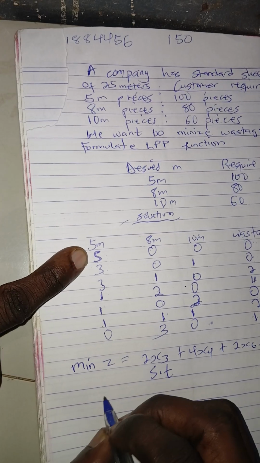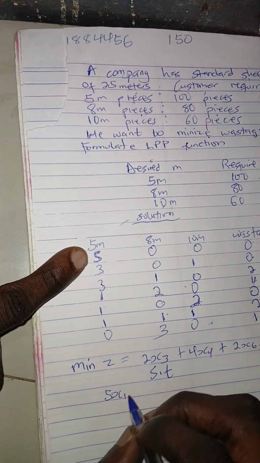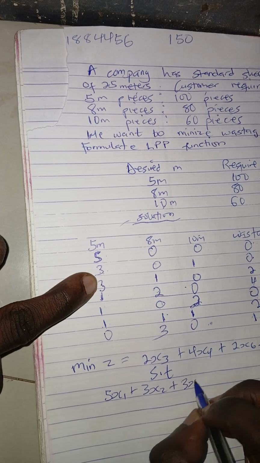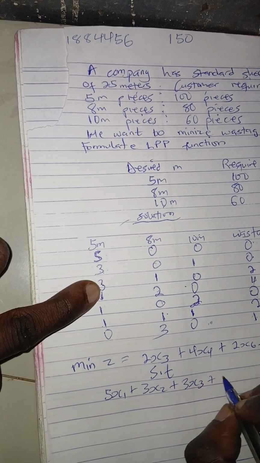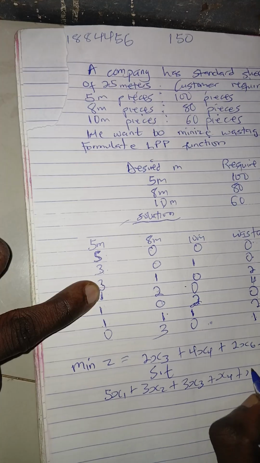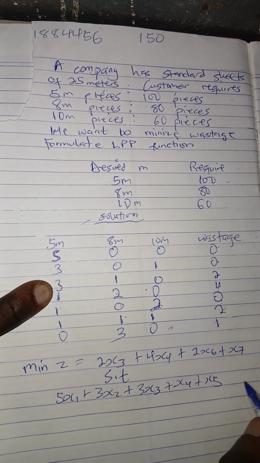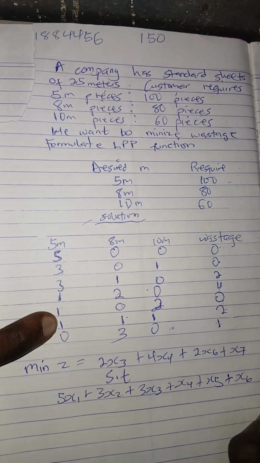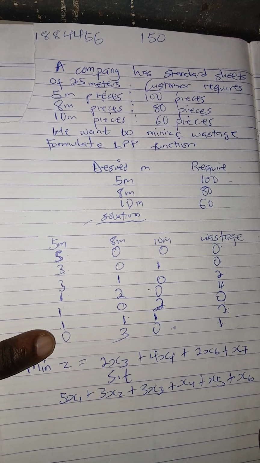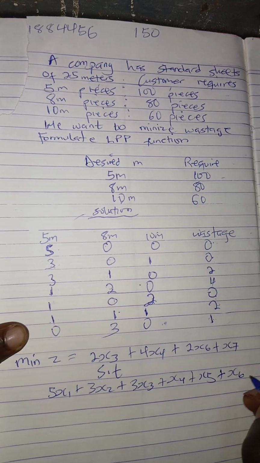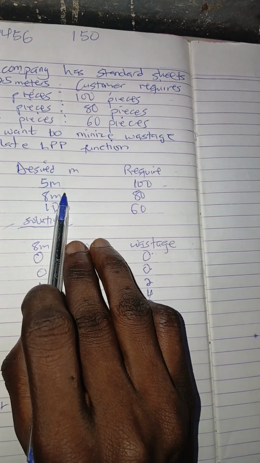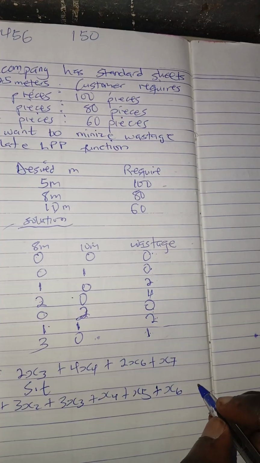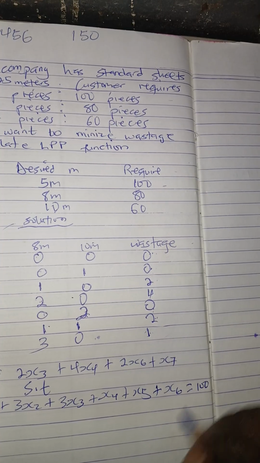So our x1 is 5x1 plus 3x2 plus 3x3 plus x4 plus x5 plus x6 plus x7, which is 0. I will not write it. So that will be our first constraint. But if you come to the question, it's equal to 100.